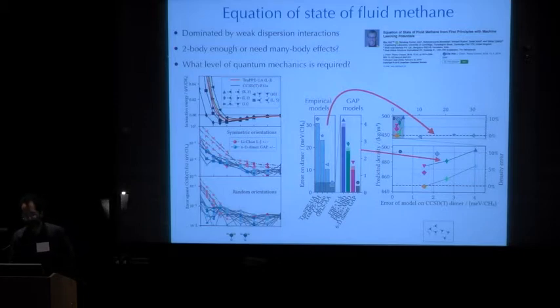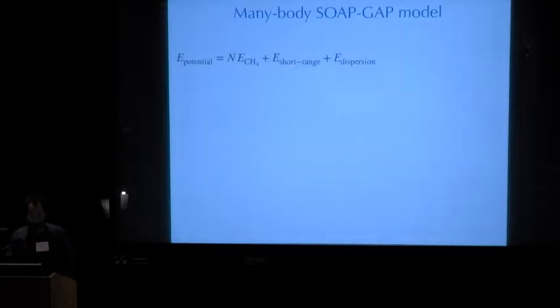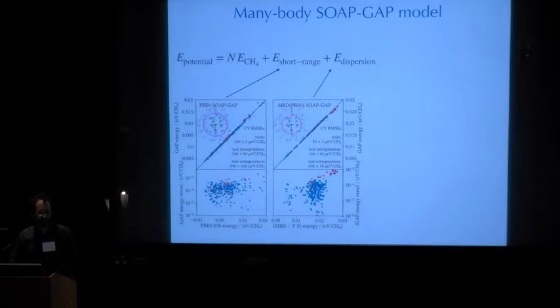And the difference between these models is now not the regression, but the level of quantum mechanics that we use. The way we did this is we separated the total energy into a one-body energy, a short-range energy, and a dispersion energy. Each of those got fitted using kernel ridge regression, using the kernel that I introduced, and we're getting accuracies of 0.1 meV, so 100 micro eV accuracy, really very exquisite accuracy on the interaction of these particles.